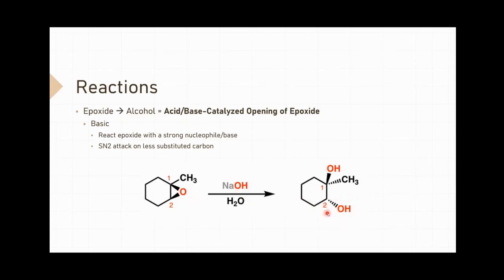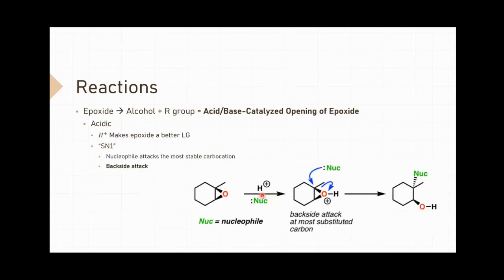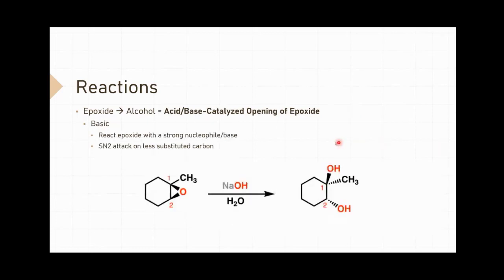And here, notice how the stereochemistry changed from a wedge to a dash. So the main difference here is with acid, the nucleophile usually is going to be a weak nucleophile, maybe an alcohol or something with an R group. With basic, usually you can accomplish this using a strong nucleophile.